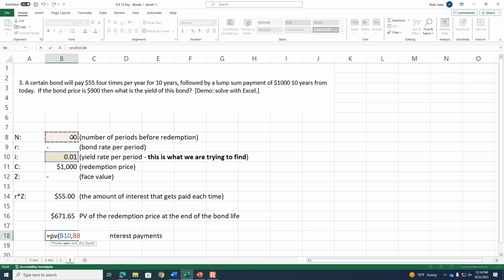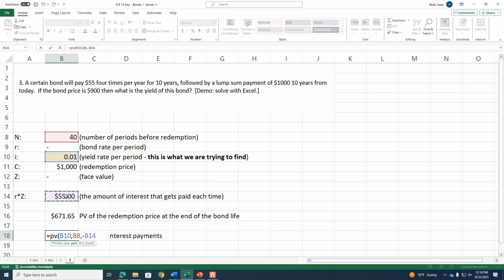Okay, now the interest payments, which field do they go into? PMT or FV? They go into the payment field because they're recurring, ongoing, regular, uniform series amounts. So every time the interest of 55 gets paid, we want to find out what's the present value of 40 of those. So find the present value of 40 interest payments.